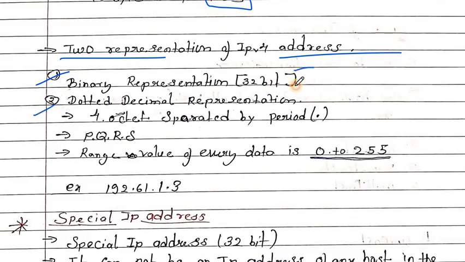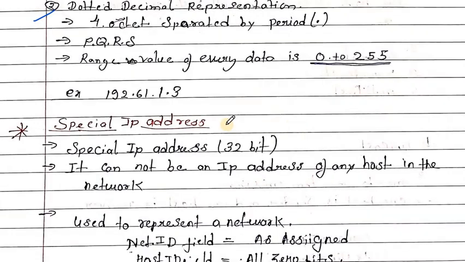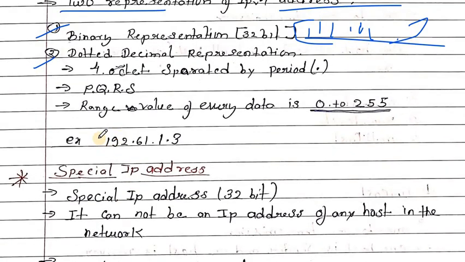In binary, it is a 32 bit string of 1s and 0s. But humans are not comfortable with a 32 bit string, so we use decimal form with dotted representation, written in decimal and separated with the help of dots.